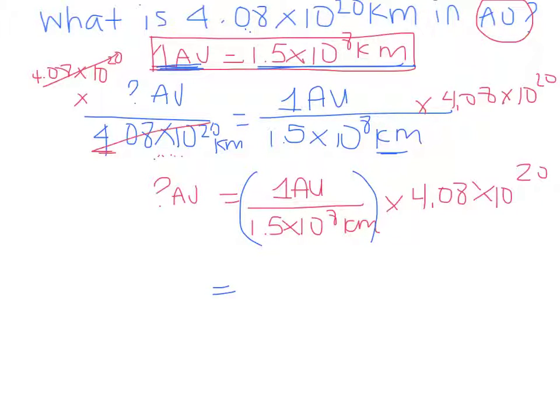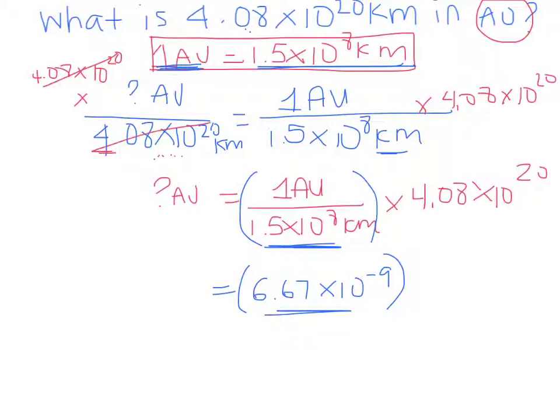Okay, so I'm going to write it on my calculator. 1 divided by 1.5 times 10 to the power of 8. Punch it in my calculator. I have 6.67, I rounded it up, times 10 to the power of negative 9. Okay, so this is my answer for that.